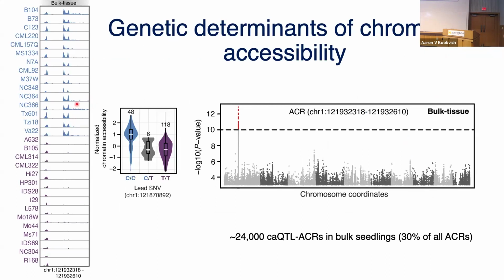It turns out that we can actually map this as a phenotype using a GWAS-like implementation. So we can generate Manhattan plots and identify variants that are associated with variation in chromatin accessibility, right? To me, this was really exciting because now we can start to get at what the determinants of accessibility are in plant species, which was unknown.